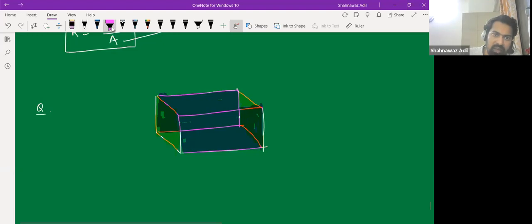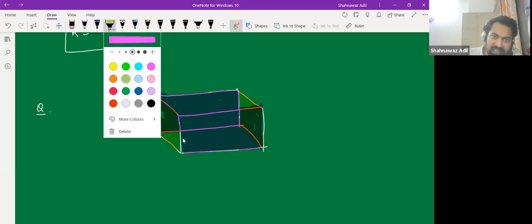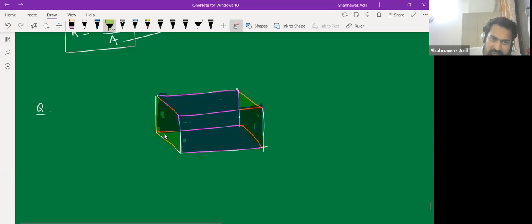And then the last one. So then we have the bottom one, and then this top one. I will just write them down so you understand which surface I'm talking about. This is the first surface, this is second, this one is third, and opposite to that is fourth, and then this one fifth, bottom, and then the sixth one.